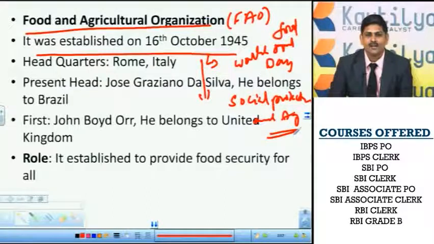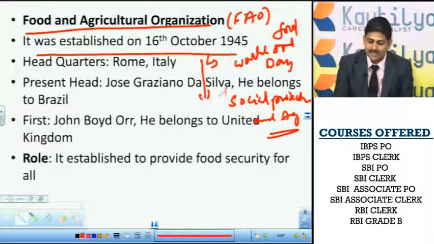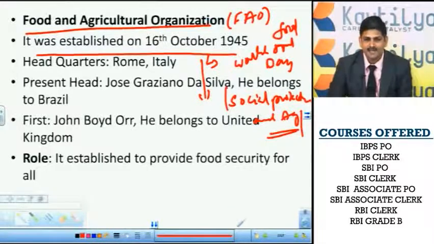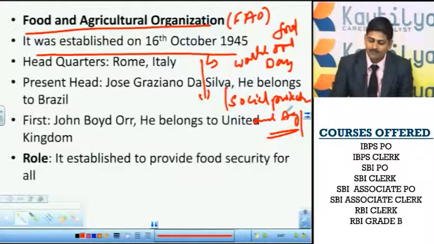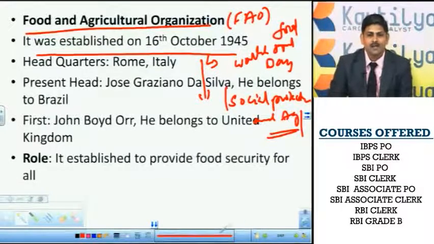It also contributes to reducing the prices of commodities. Eventually, it helps poor people to raise their social status. That is the reason why this was chosen as the theme for the 2015 World Food Day, social protection and agriculture.